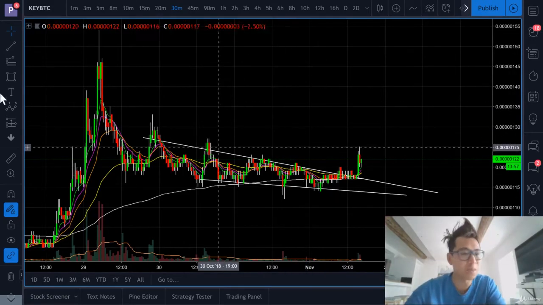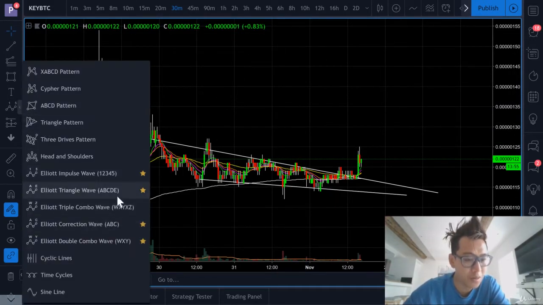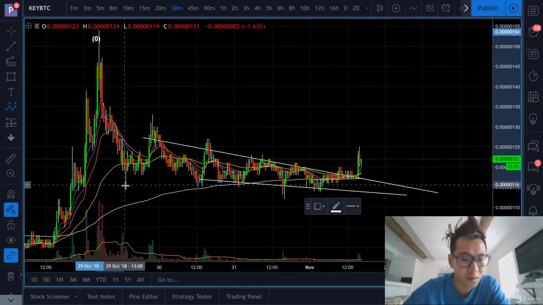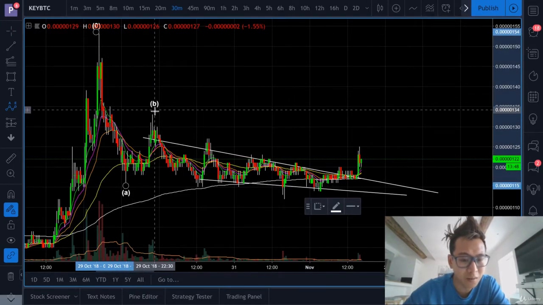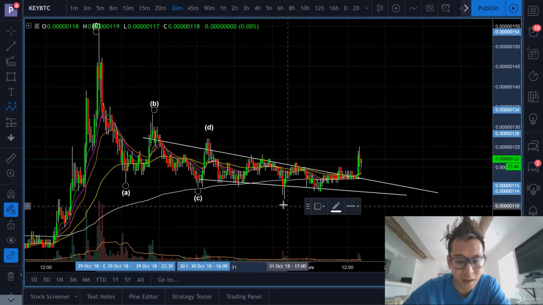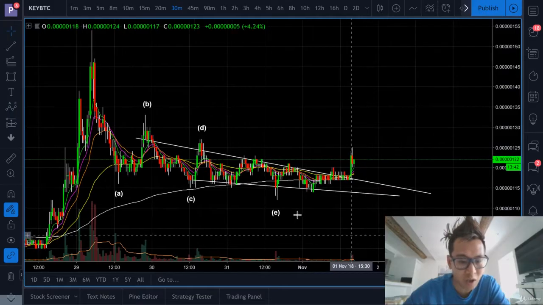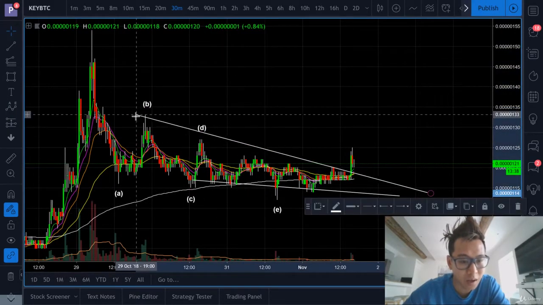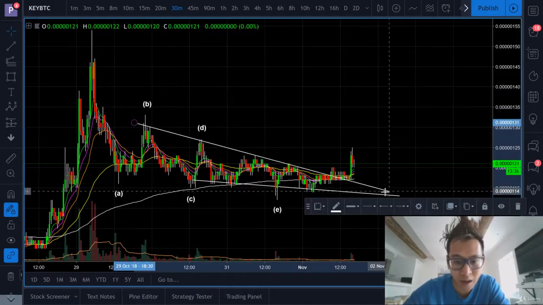But just as a possible example, this could very well be just an A, okay? B, this could be a C, that could be a D, and this could be the final E structure coming down, right? Where it's making kind of like a triangle pattern, like that in there.